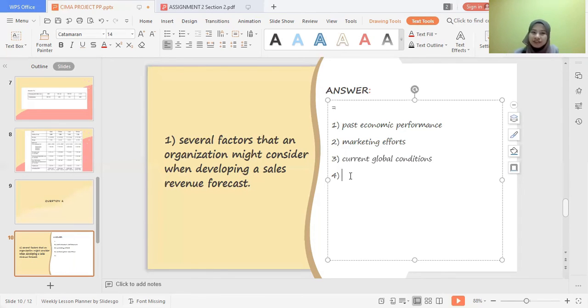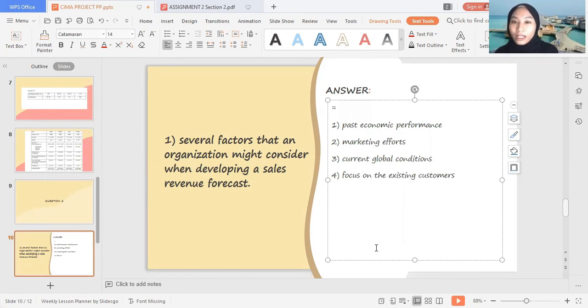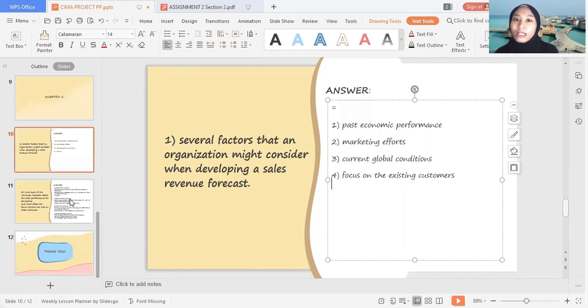Number 4, for the last factor, the company can focus on the existing customer. If the company wants to improve their sales, they should shift the focus from attracting new customers to making those who already tried out their service, which is car rental, try again, and they need to learn how to maintain all their customers.